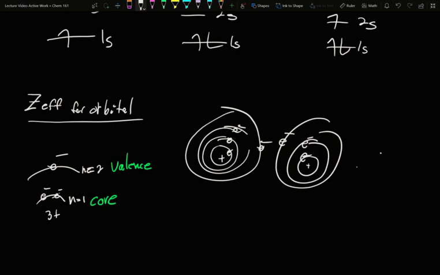Instead, what happens is your outermost electrons are the ones that interact. For the vast majority of chemistry, all the chemistry occurs from those outermost electrons. So we are only really ever concerned about what the valence electrons are doing.